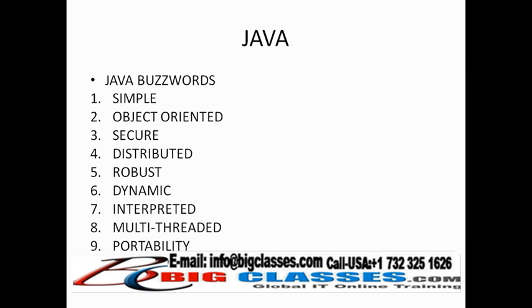Sixthly, as I was telling you, it is completely dynamic. Seventhly, it is interpreted, not compiled. It is a line-by-line execution. Eighthly, it is multi-threaded. Threads are a very big concept in Java. We'll learn it if you come for classes. Ninthly, it is portable.